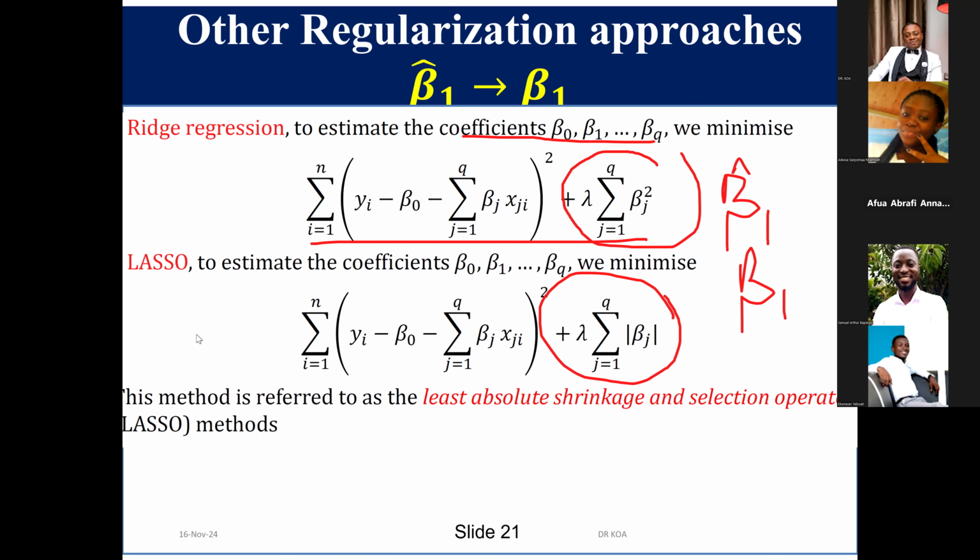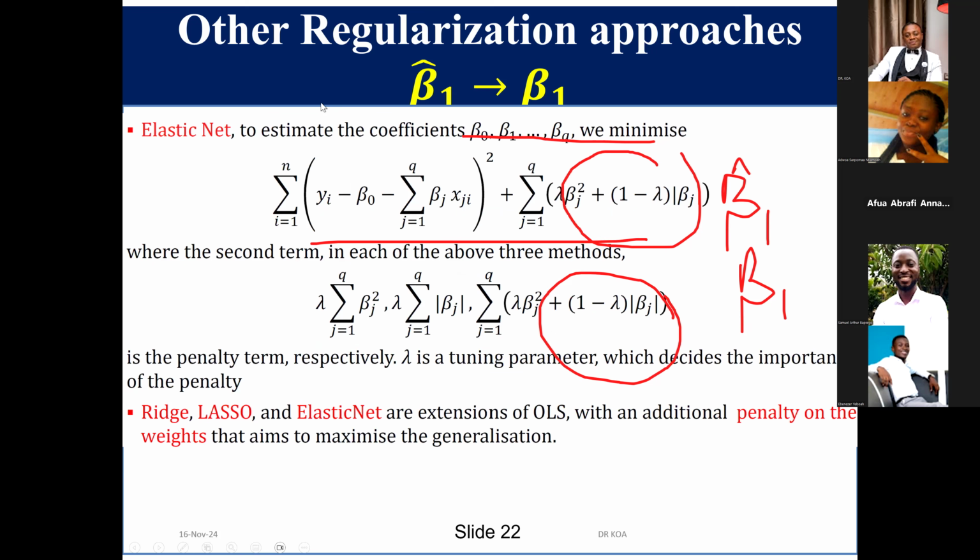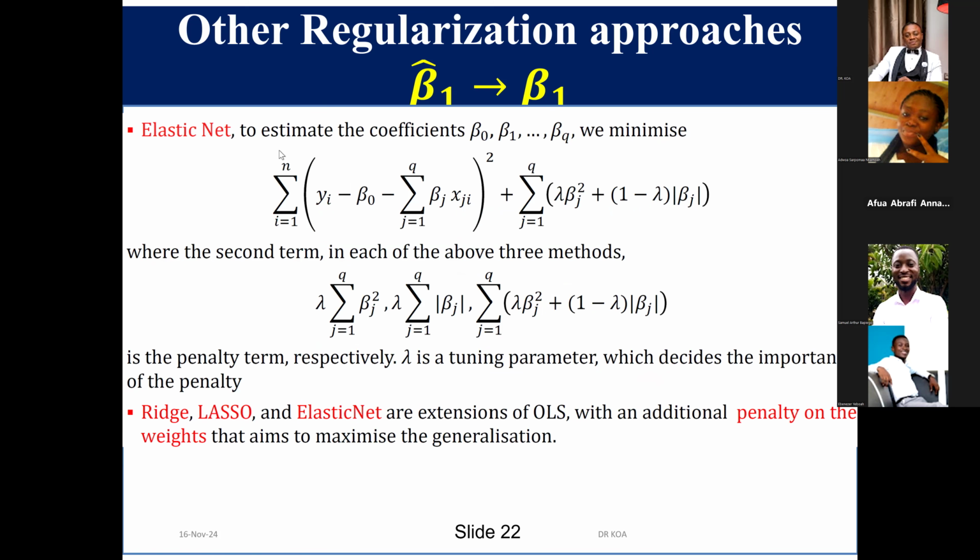Another way of finding the betas, of course, I've just shown you the OLS way, is called elastic net. The elastic net helps to estimate the coefficients again by minimizing. Remember, they are all minimizing the error, which in this case is the OLS one, but they all are adding something.